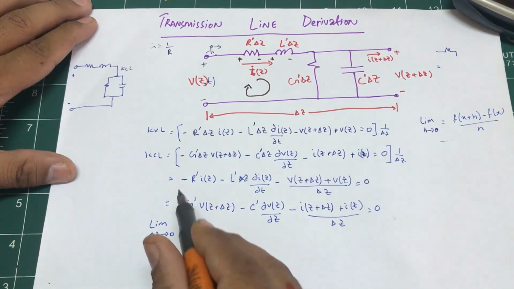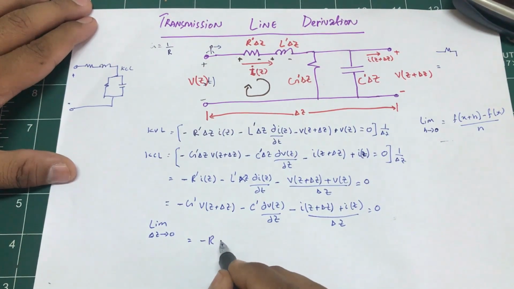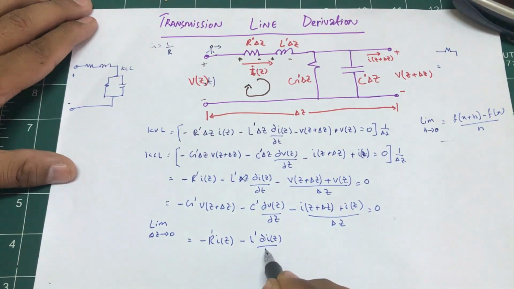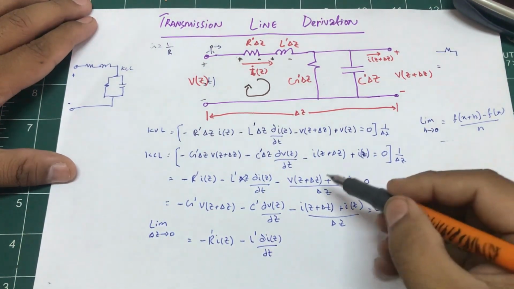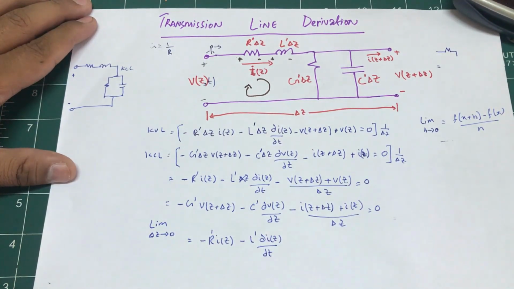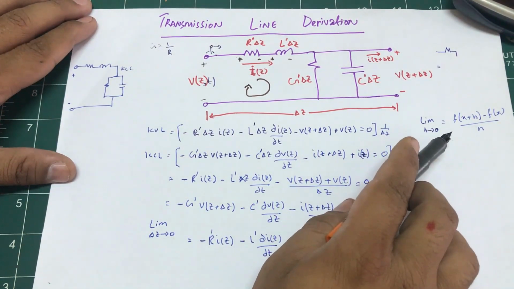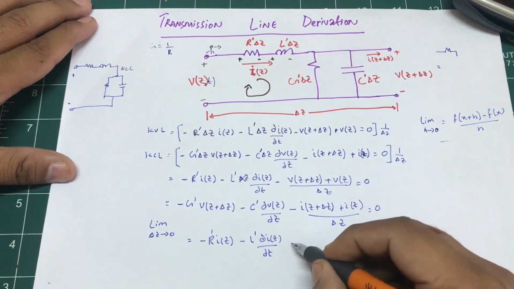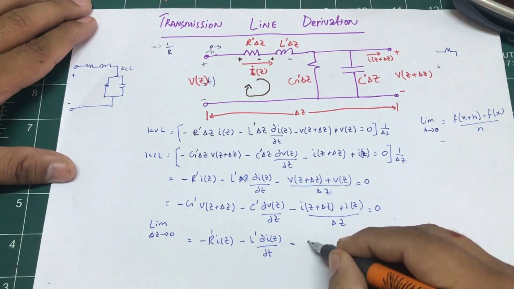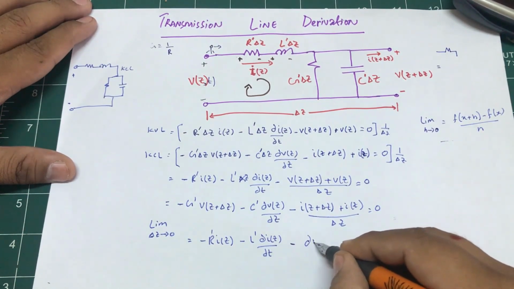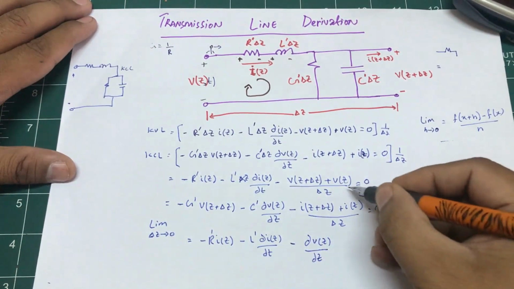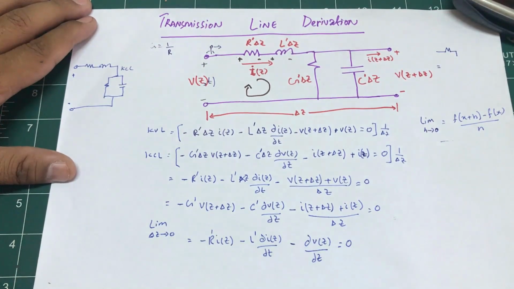So once I do that, this top equation would look like R' I of Z minus L' dI over dt. This whole thing, as delta Z goes to 0, applying the derivative definition, this would change into minus dV of Z over dz equals to 0.